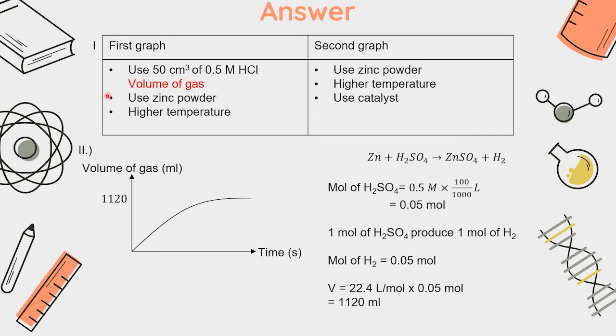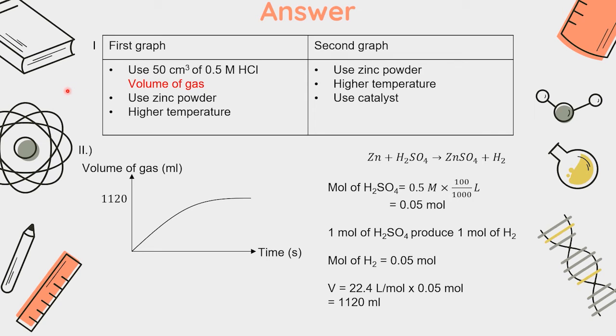So for the first graph, what we can do is reduce the volume of the 100 ml 0.5 molar hydrochloric acid to 50 ml. So why do we reduce this volume? It is because in the first graph, we can see that the curve y produces less product.